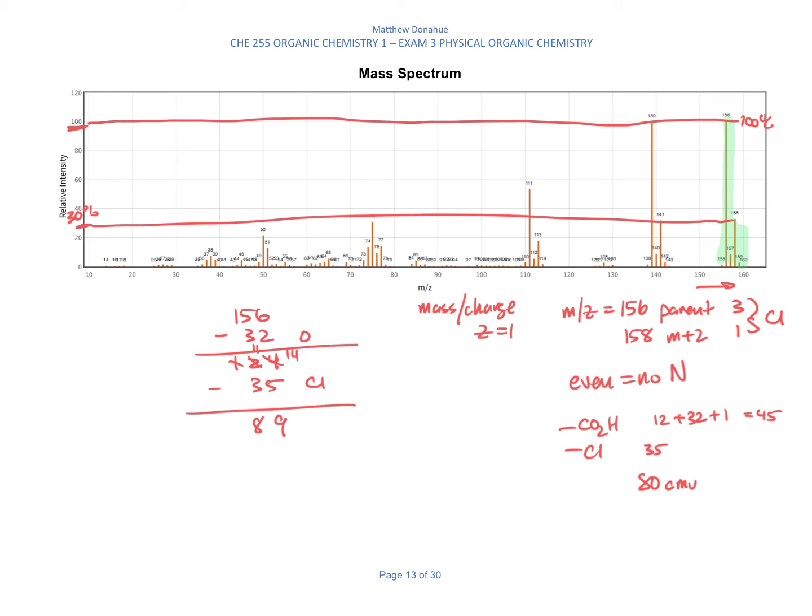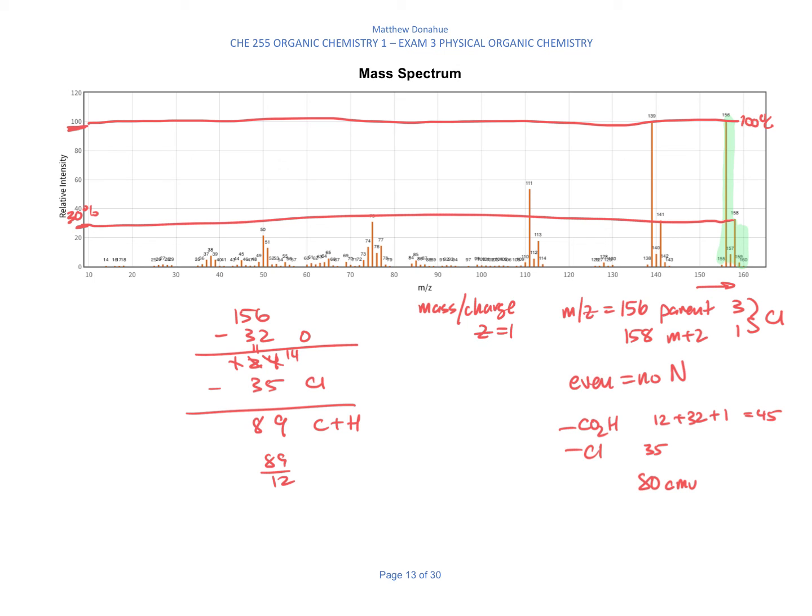And so the 89 is telling us what we're assuming is the remaining C plus H. So if we take 89 and divide by 12, that's going to give us an indicator of the maximum number of carbons.